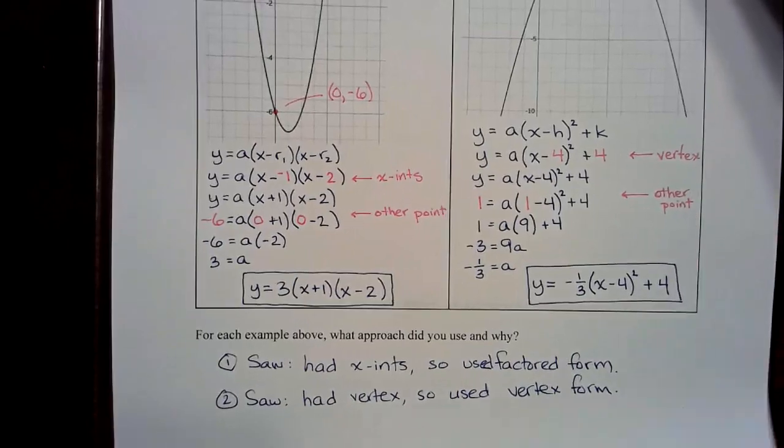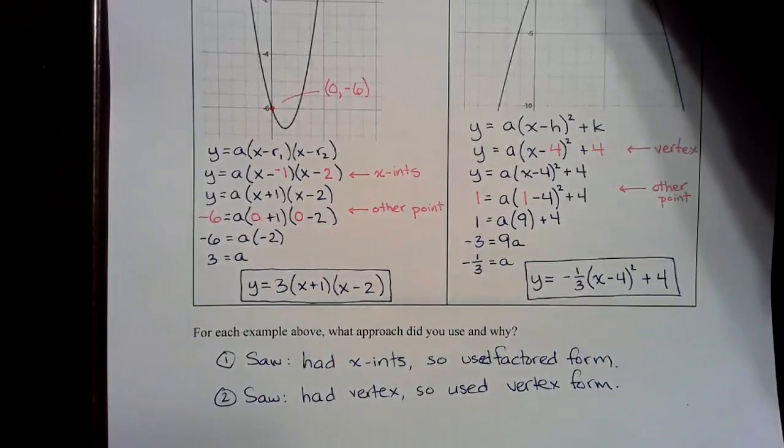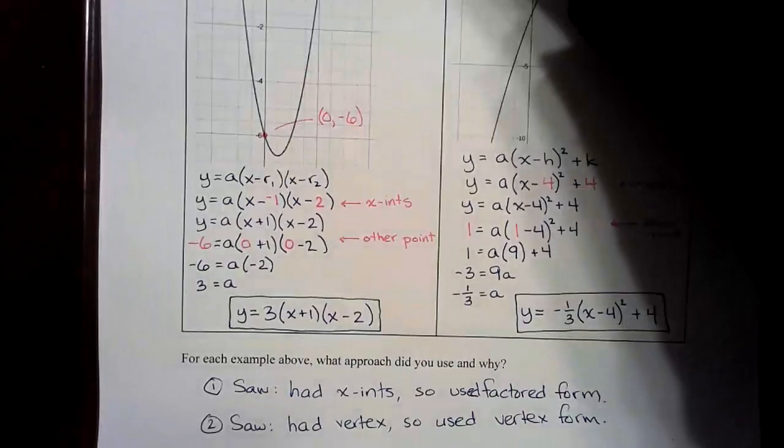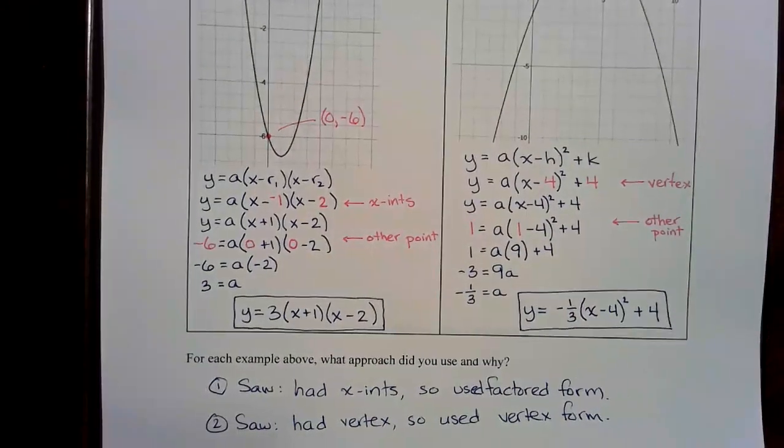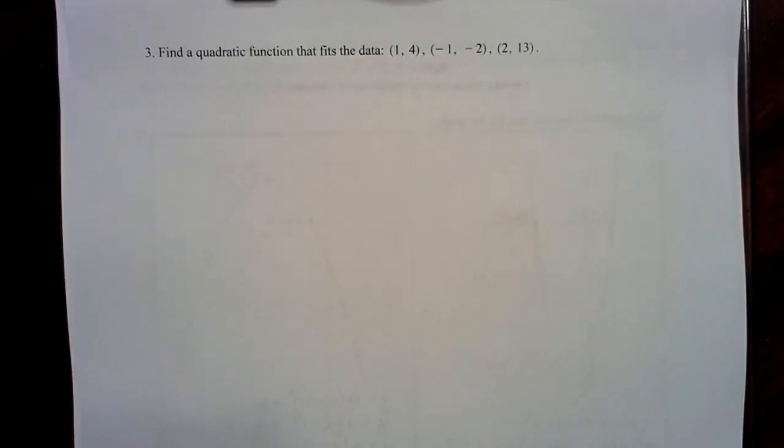So the next obvious question is, if you don't know the x-intercepts and you don't know the vertex, then how would you find the formula for a quadratic function? So let's try example 3.